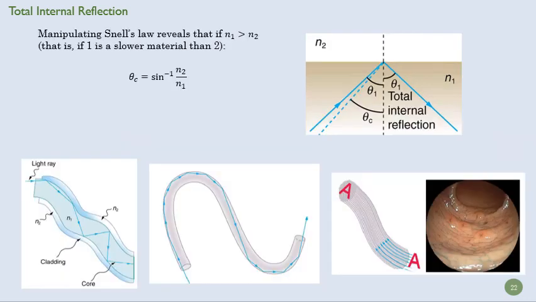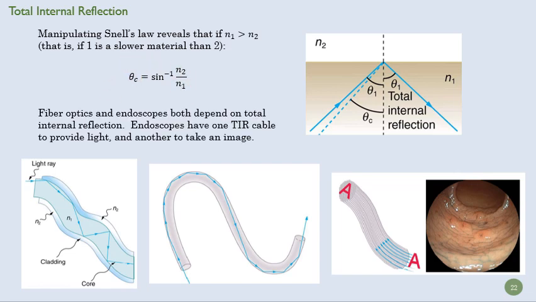This has a lot of important uses because you're not losing energy. Those are rare physical situations where we don't lose any of our intensity. We can use Snell's law to find that critical angle.